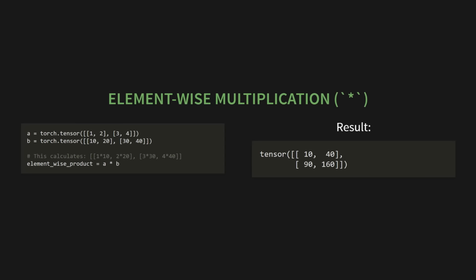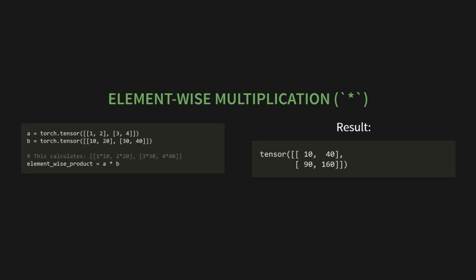We have tensor A, which is a 2x2 tensor with values 1, 2, 3, and 4. And tensor B, another 2x2 tensor with values 10, 20, 30, and 40. When we type element-wise product equals A star B, what PyTorch calculates is this.